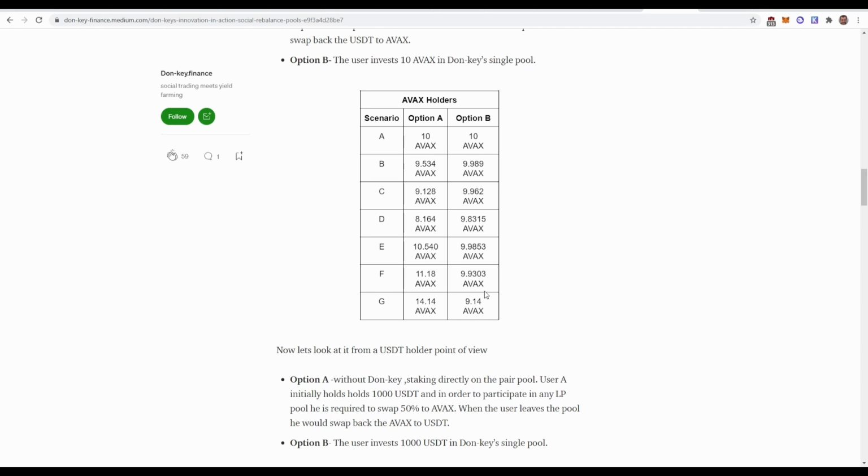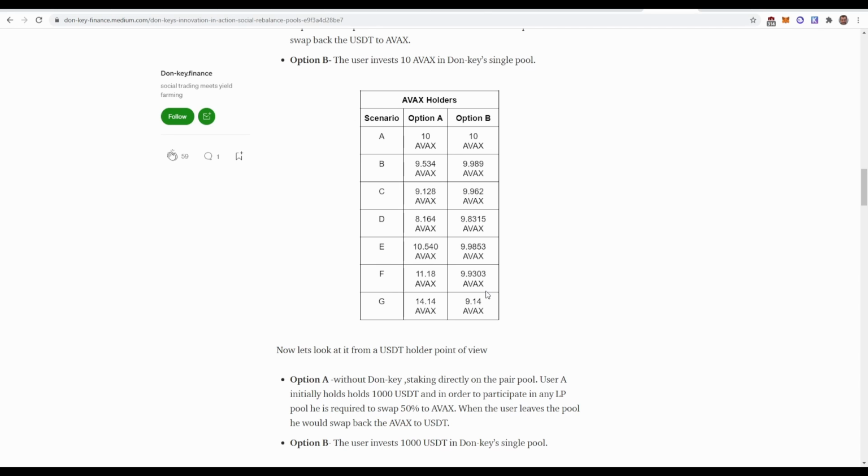So they would have more dollars than they put in, irrespective of the APR. So what Donkey is basically doing here is they are giving some of the impermanent gain to the people that were incurring an impermanent loss, and vice versa.